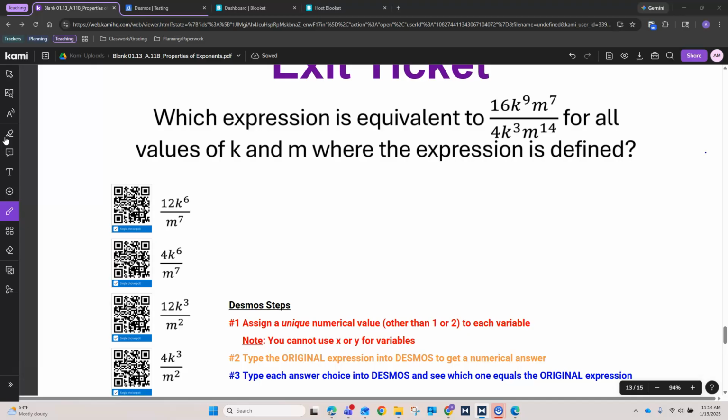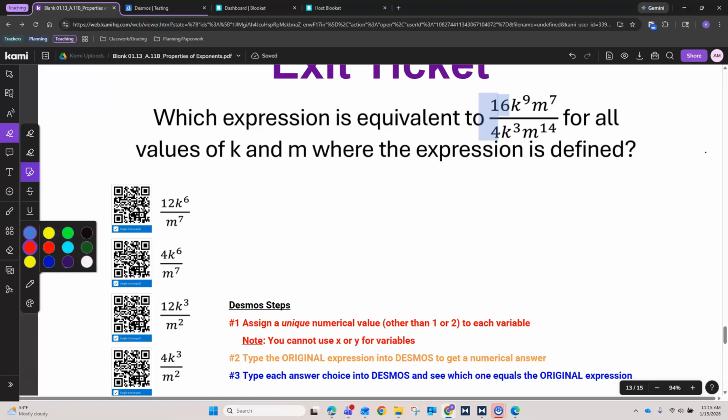So what I like to do when I do these kind of problems is I break things down into smaller pieces. So I'm going to take the 16 over 4, and then the k, and the m, over the n.